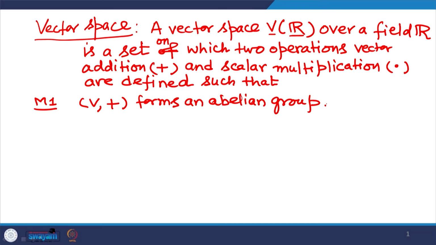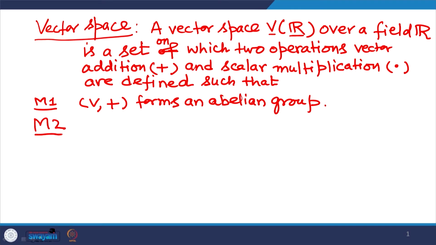So, here forming abelian group means the set of vectors with respect to this vector addition operation satisfies certain properties. One is closure property, another one is commutative property, associative property, existence of additive identity and existence of additive inverse. So, we will make it more clear by taking some example.